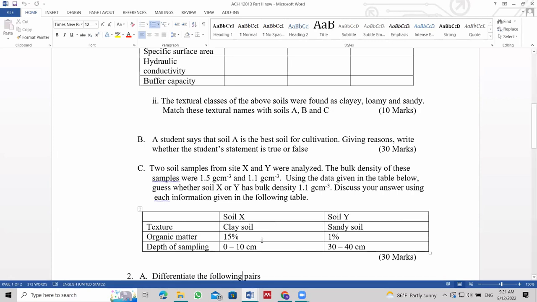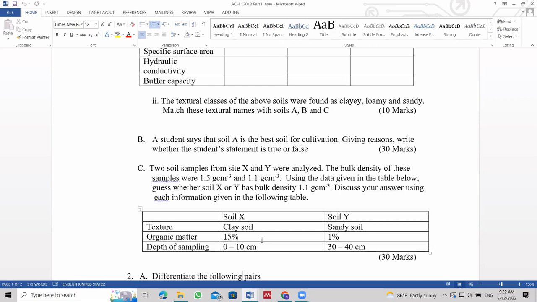Okay, then organic matter. Soil X has high organic matter. So, what is the influence of organic matter on bulk density? Organic matter improves the aggregation, so it will increase the porosity. That is one. Any other influence of organic matter on bulk density? When the organic matter is high, the bulk density is less.